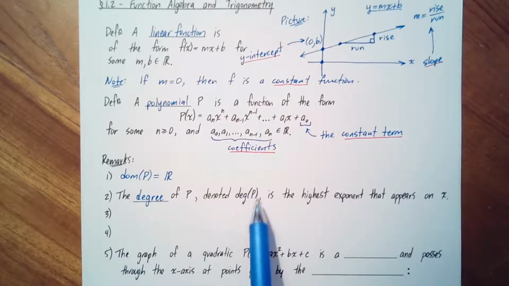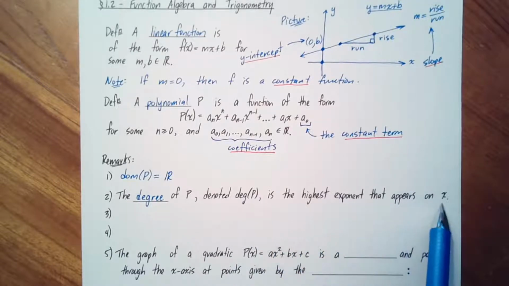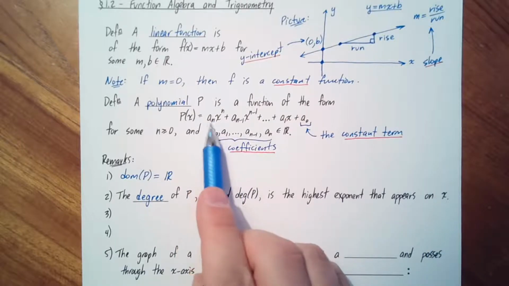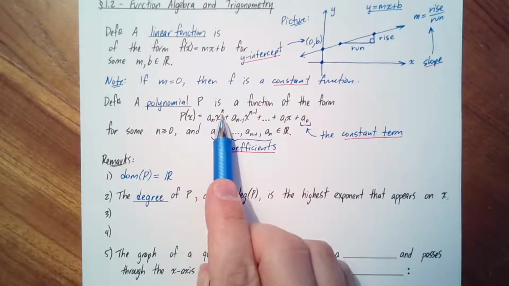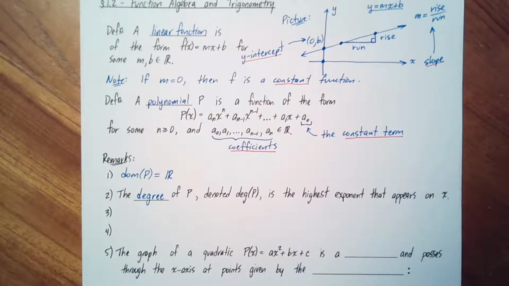So this is the notation that refers to the degree of a polynomial. And all it is, is the highest exponent that appears on x, right? So in this case, as long as this a n is non-zero, this will be your highest power of x. It's whatever is the highest exponent that appears on any of the powers of x.